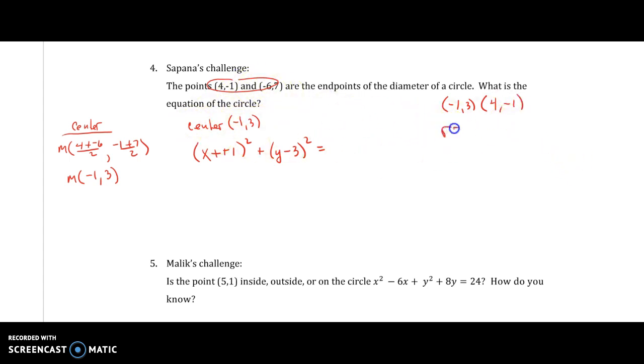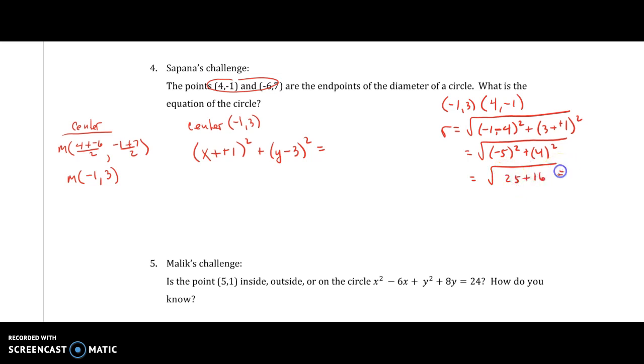Now I'm going to use the distance formula: the square root of (-1 minus 4) all squared plus (3 minus -1) all squared. That gives me the square root of (-5) squared plus 4 squared, which is 25 plus 16, which is the square root of 41.